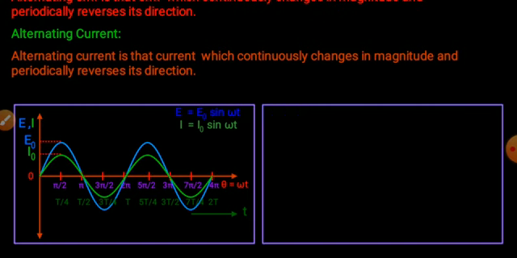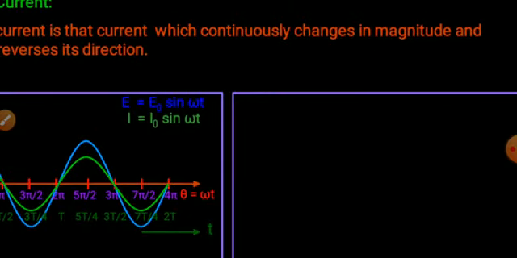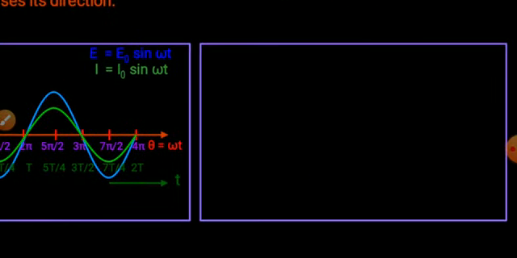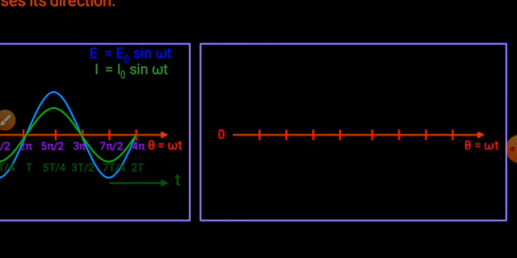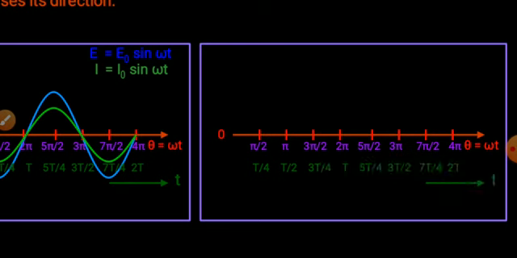Now let's draw the graphical representation of E and I as a cosine function. We have theta equal to omega t, and the value of omega t is pi by 2, pi, 3 pi by 2, 2 pi, 5 pi by 2 up to 4 pi, and the value of t is T by 4, T by 2 up to 2T. Okay.